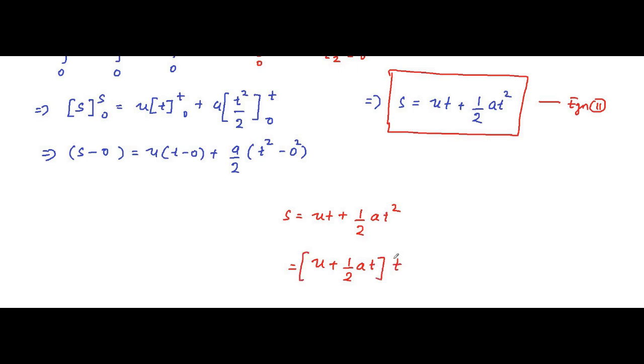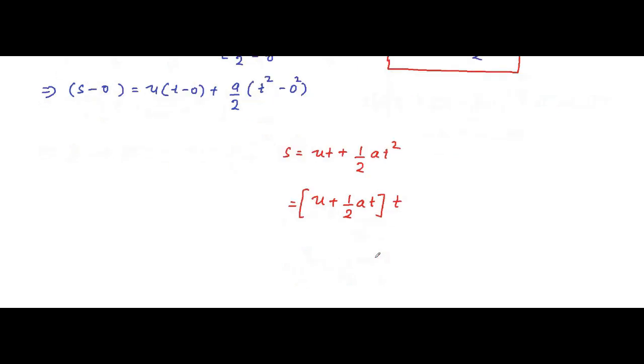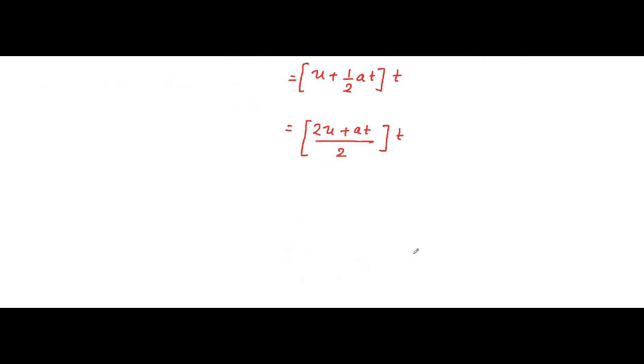So this becomes 2u plus at by 2 into t, or we can write it as u plus at into t by 2.